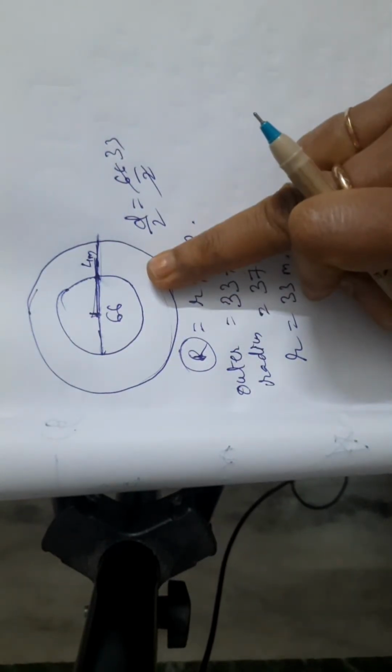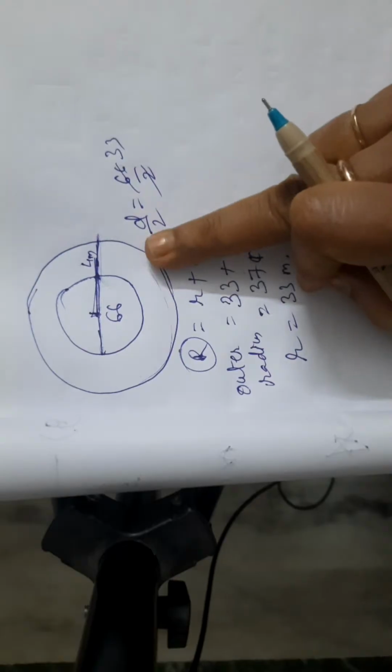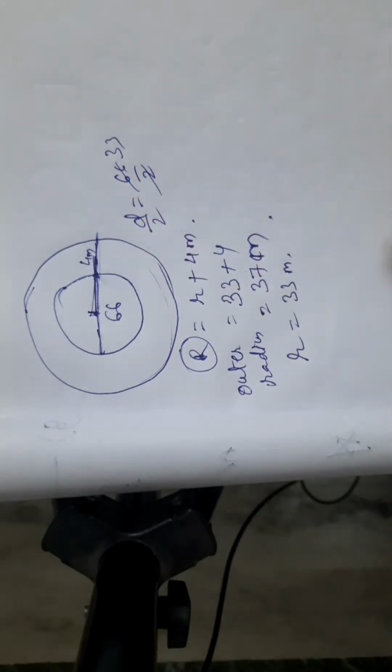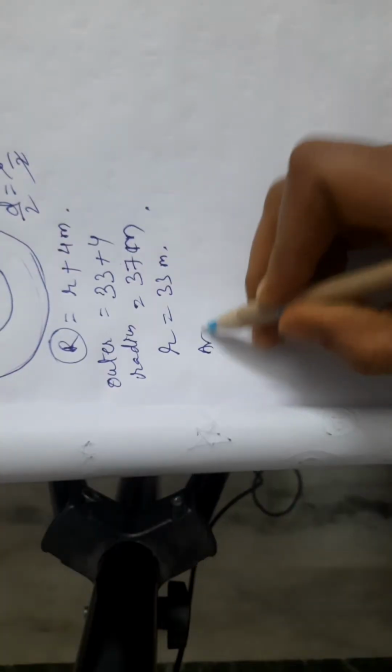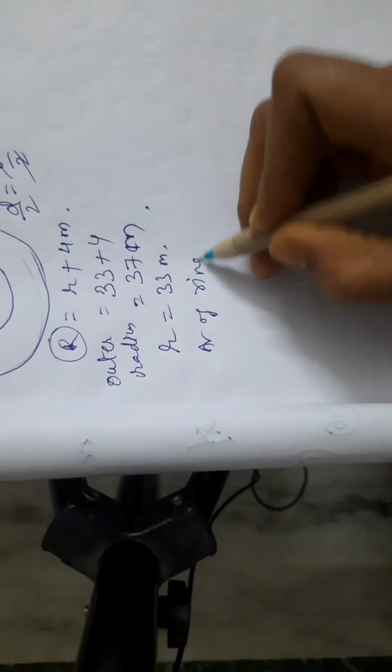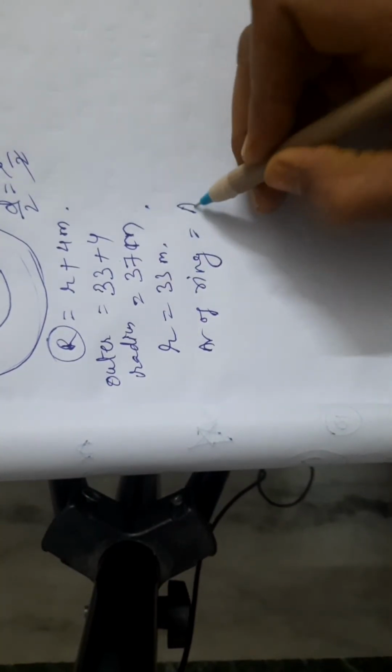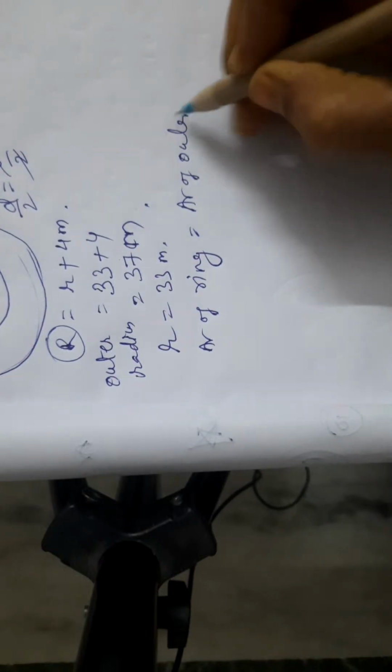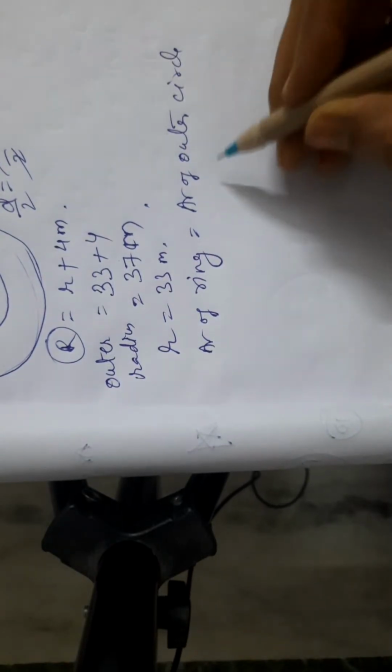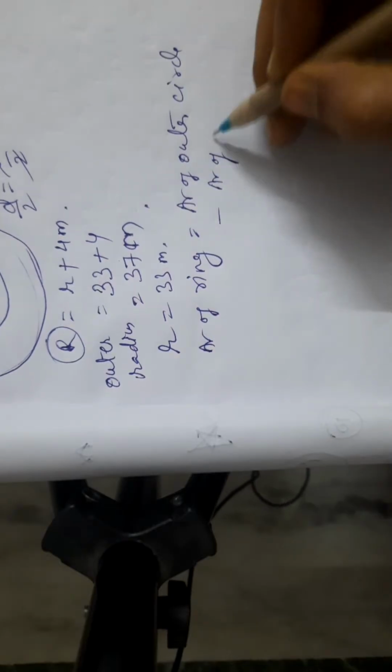And the formula to find out area of ring is area of outer circle minus inner circle. So we are finding area of ring. That is area of outer circle minus area of inner circle.